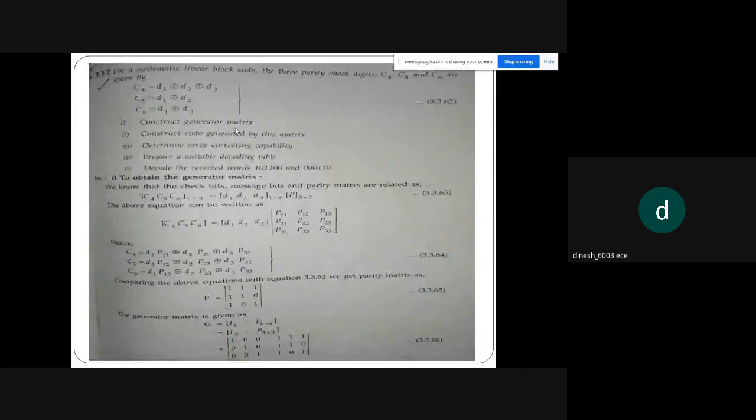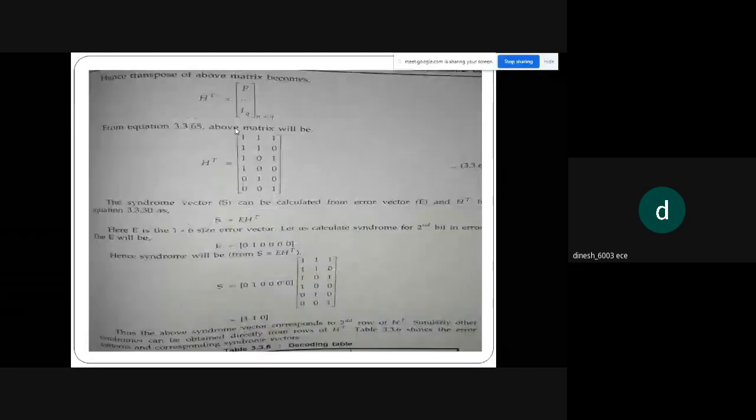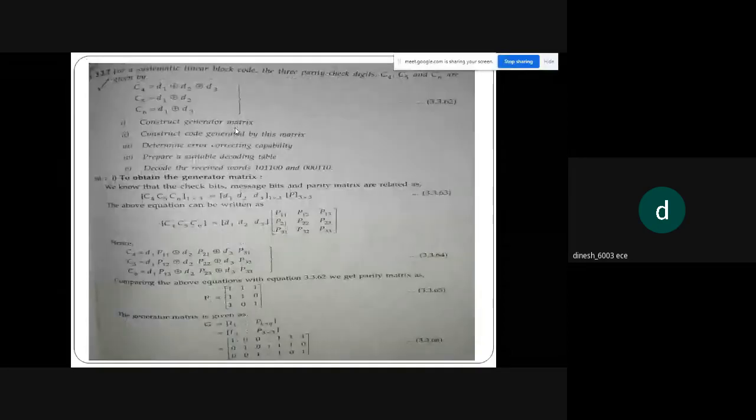So we'll see an example as how to construct a matrix by the diagram.